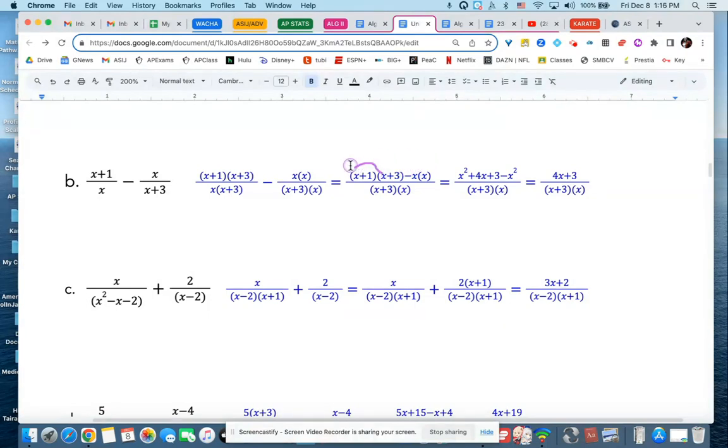I'm going to FOIL this out, distribute that out, which you'll see here. And then I also have this minus x squared, which you'll see here. Then I can put things together. x squared minus x squared goes away. Simplify whatever you can. Try to look for stuff that you can factor out. There's nothing else I can do there, so I just leave it.